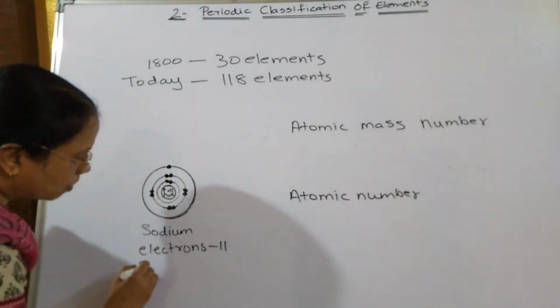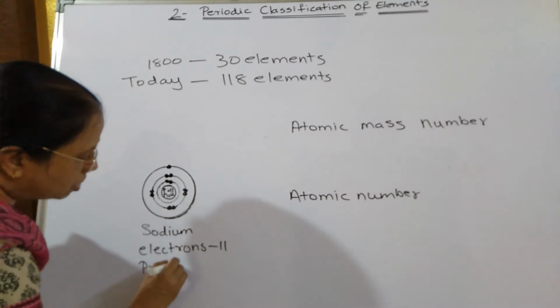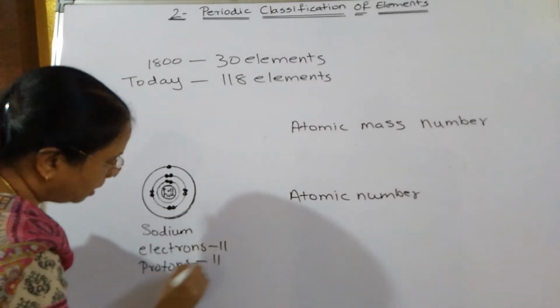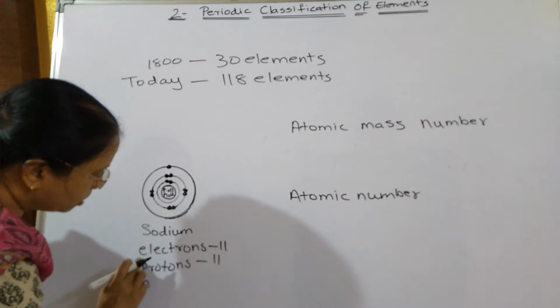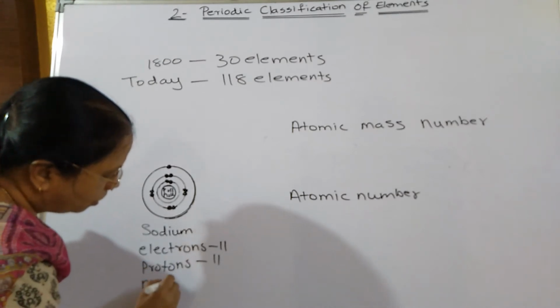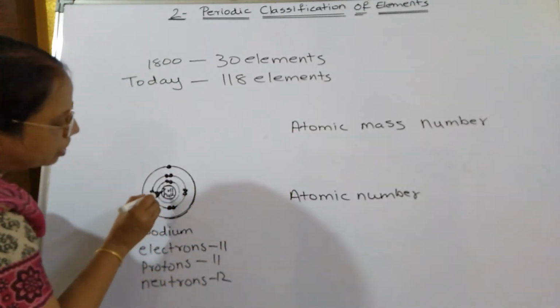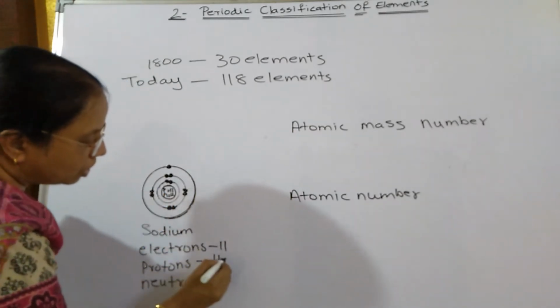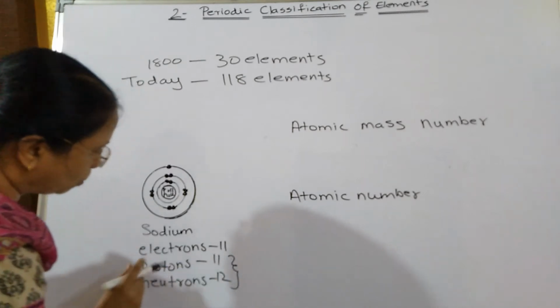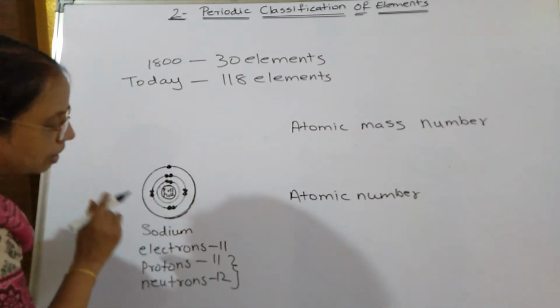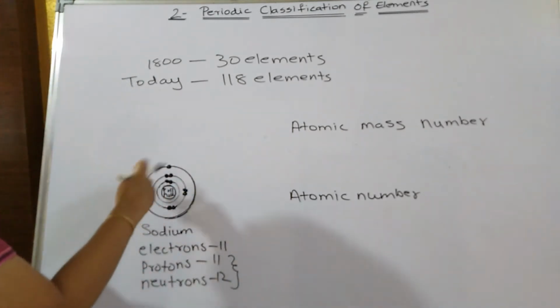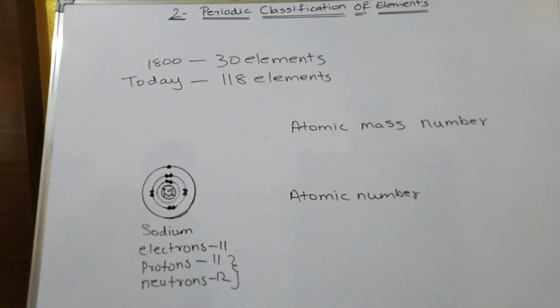How many protons are there? Protons are also 11. And how many neutrons are there? Neutrons, that is 12. Now what is shown in this nucleus? This is the nucleus part. In the nucleus there are protons and neutrons. So protons and neutrons are there in the nucleus, and electrons are orbiting around the nucleus.